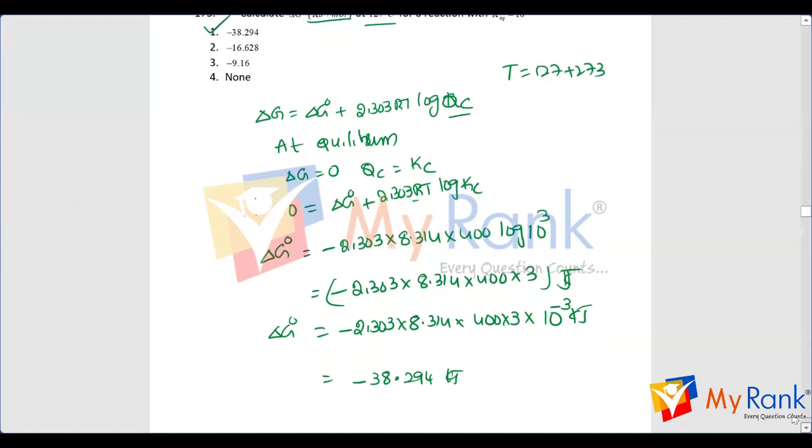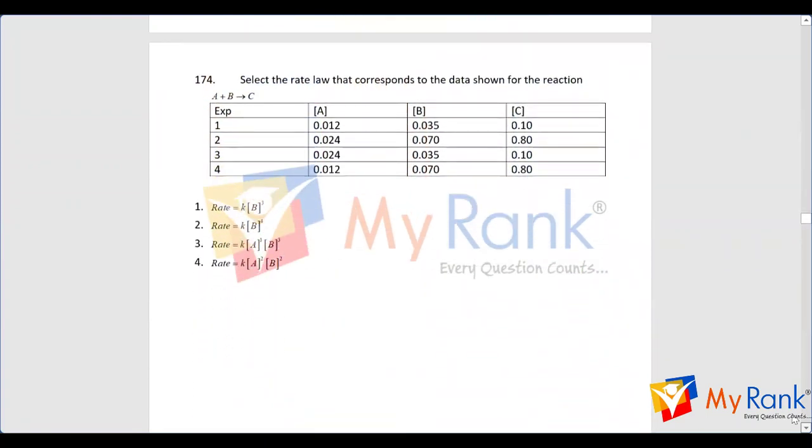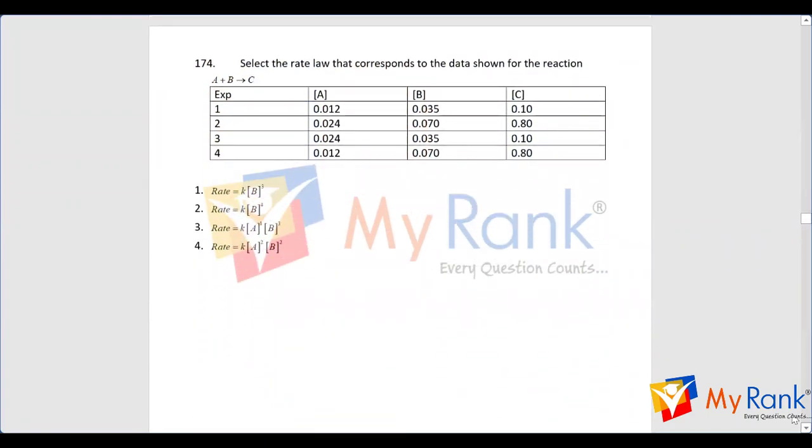Next one, question number 174. Select the rate law that corresponds to the data shown for the reaction. Here A, B, and C are given. A and B are reactants, C is product. See carefully.